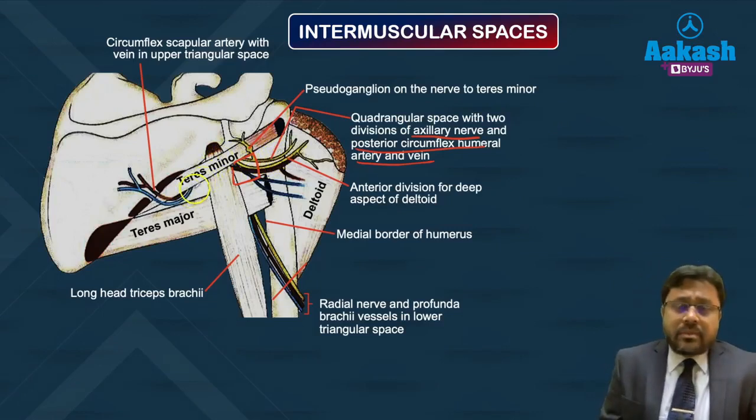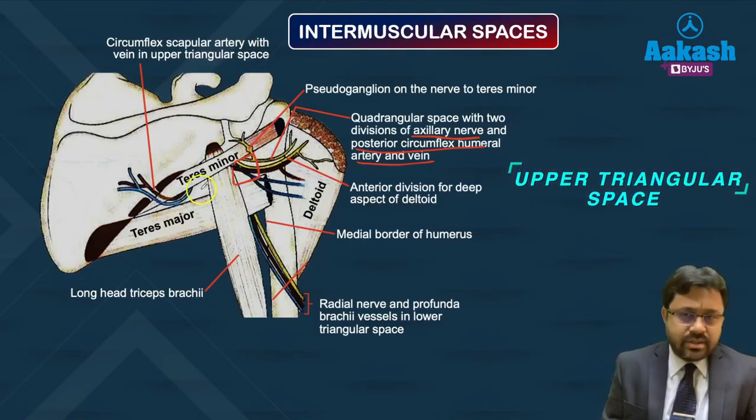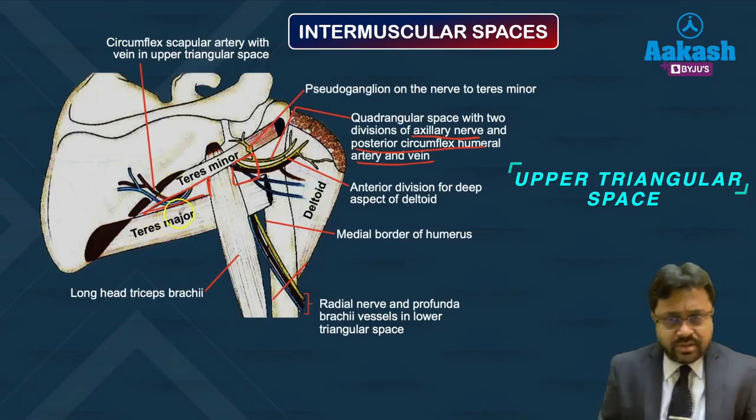Now we come to the zone over here. That is a triangular-shaped zone known as the triangular space, bounded laterally by this part of the long head of triceps brachii, bounded inferiorly by teres major, bounded superiorly by teres minor, and the apex of the triangle is along the lateral border of the scapula, where the two teres muscles, minor and major, converge.